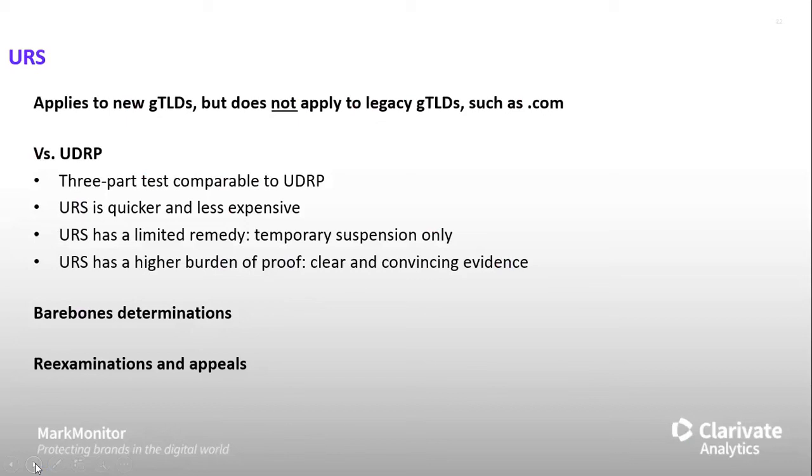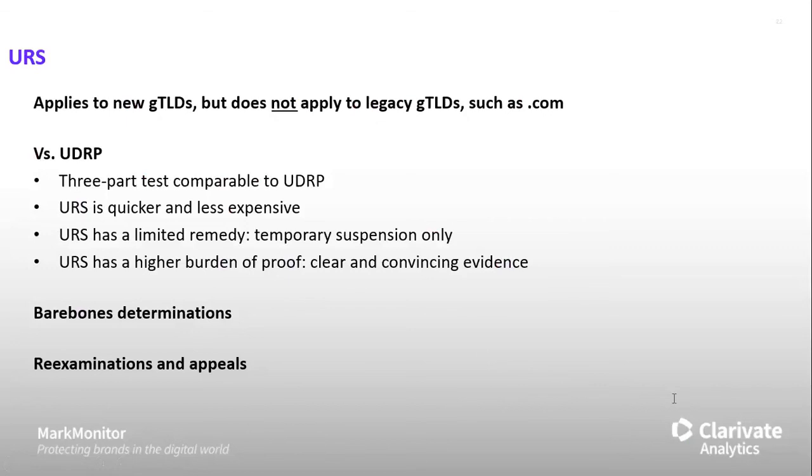I referred to UDRP complaints before as being similar to a motion for summary judgment, but a URS complaint is limited to only 500 words, which can certainly make it challenging in some cases to make certain arguments, which may mean that the case is simply not appropriate for a URS proceeding.